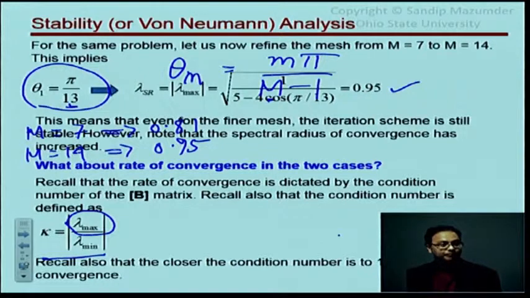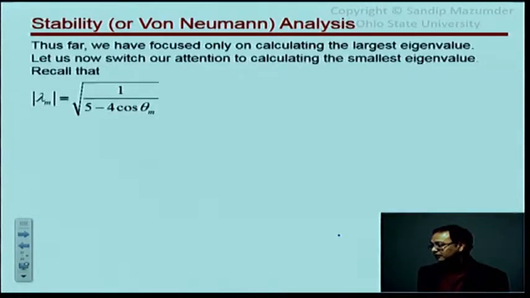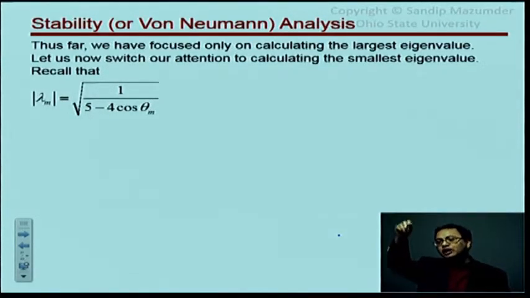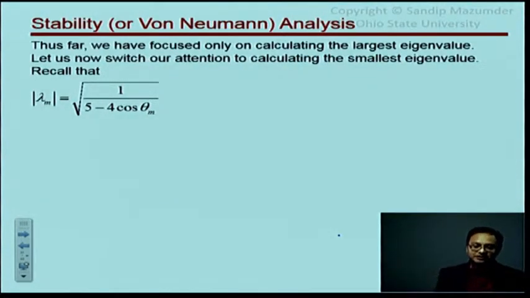The denominator will correspond to the maximum value of m. Lambda max corresponds to the smallest value of m. If you go back to that expression, 1 divided by 5 minus 4 cosine theta, the largest value of m will give you the smallest value of lambda.